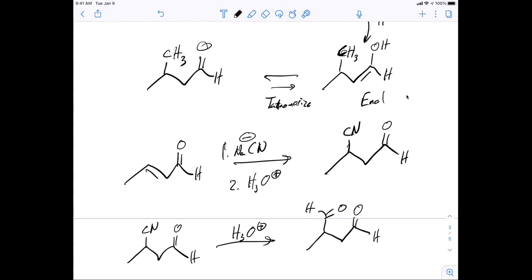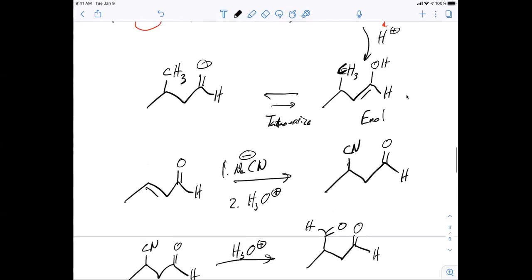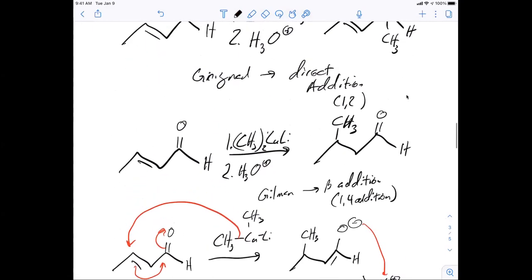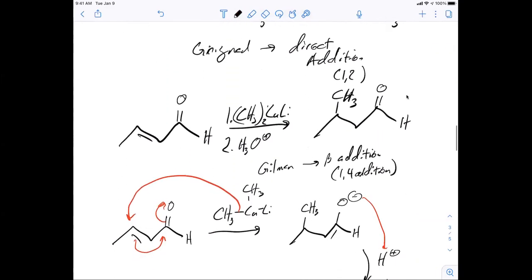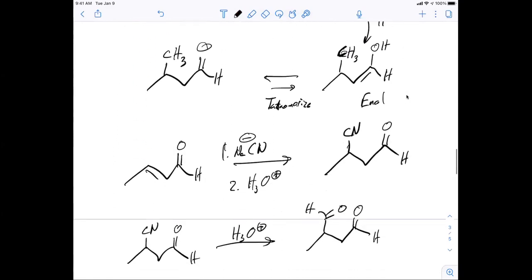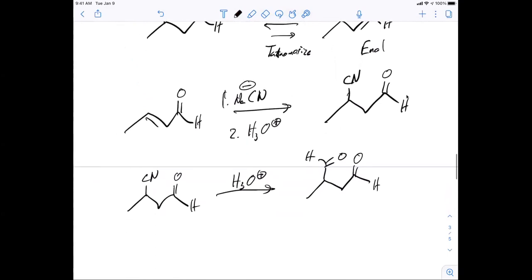Questions about these? So your Grignards are going to be direct addition like we've seen, but now the Gilmans are going to prefer the beta addition, and the nitriles will favor the beta addition.